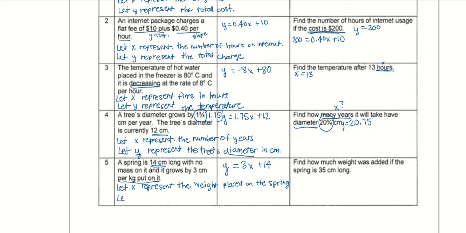Okay, and then let y represent the length of the spring depends on the weight placed on it. So we can say that y is the length of the spring in centimeters.